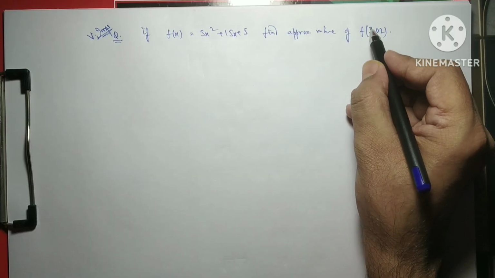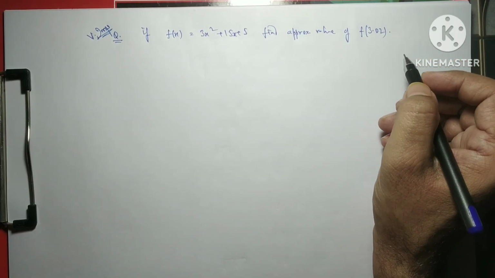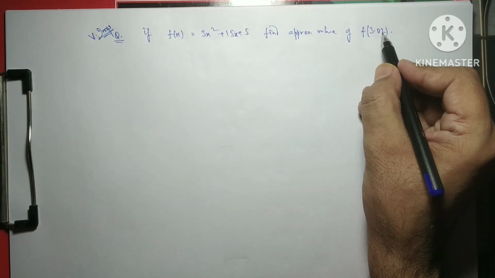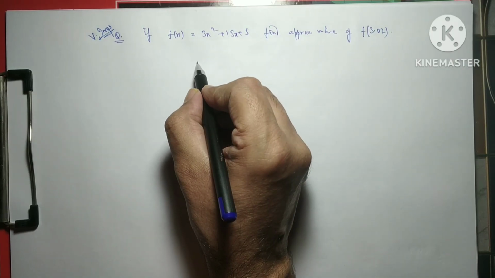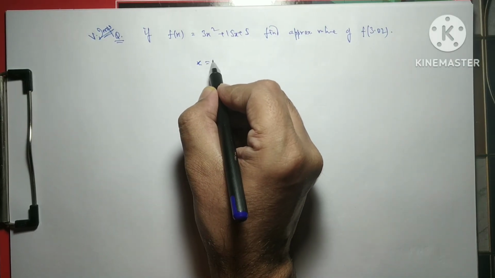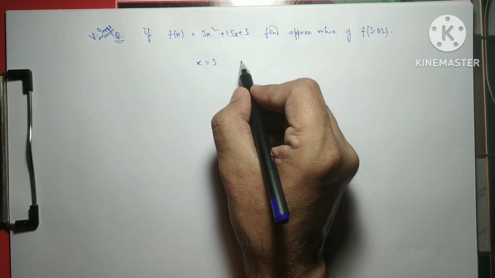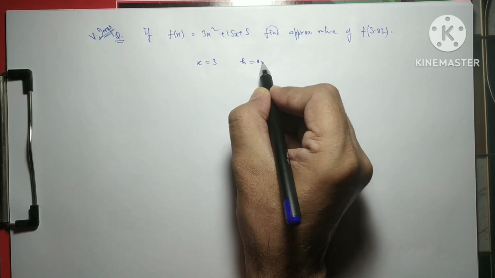This is not an integral value, it is a decimal value, in which we will take x as 3 and the variation h as 0.02.